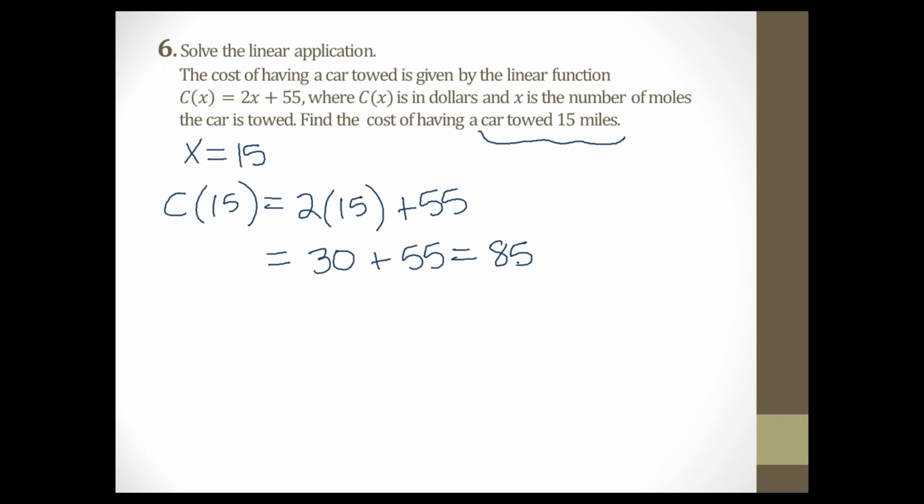So the cost of having a car towed 15 miles will be $85. All right. So just make sure that you know which value equals your x and plug it in appropriately. Okay, moving on.